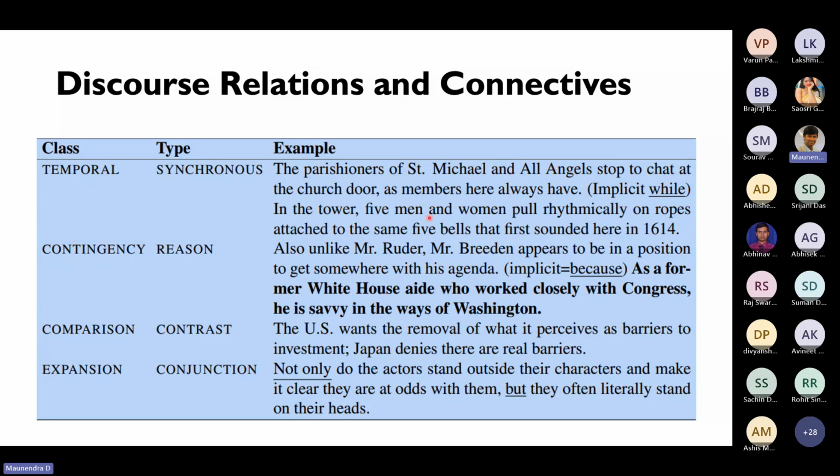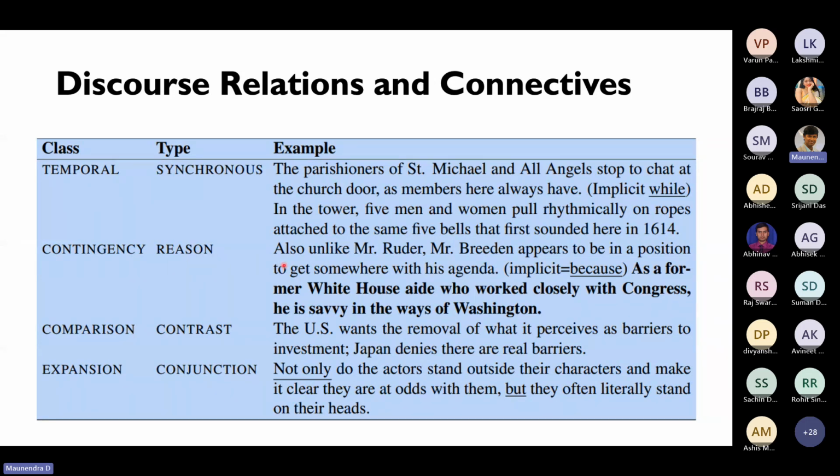And the next sentence says five men and women are pulling the bells. So there is a temporal connection here. They have come here, they have stopped, and at the same time people are pulling the ropes and ringing the bell. This is an implicit connector, 'while', which we can assume is here. These two things are happening simultaneously. They have arrived and stopped talking, and this thing is going on. So it is synchronous, a temporal kind of relation.